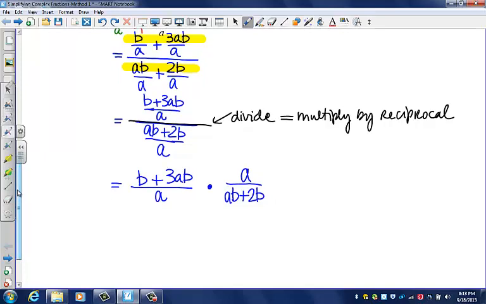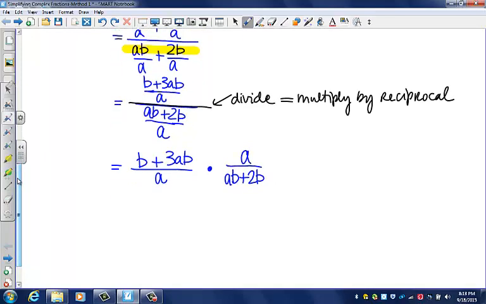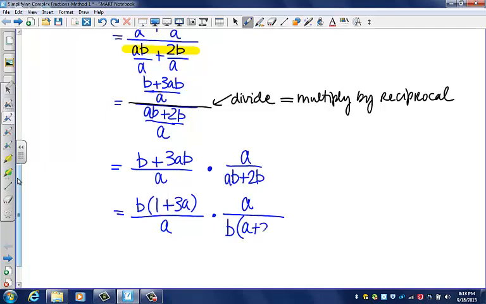If you recall, when we multiply rational expressions, the first thing we have to do is factor all of our polynomials. In the first numerator, I can factor out a common factor of b, which leaves me with 1 plus 3a. In my second rational expression, the denominator, those two terms have a common factor of b. If I factor out a b, it leaves me with a plus 2.